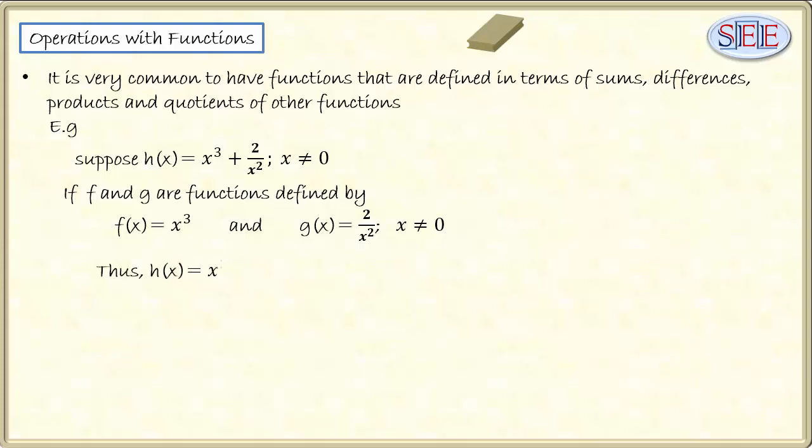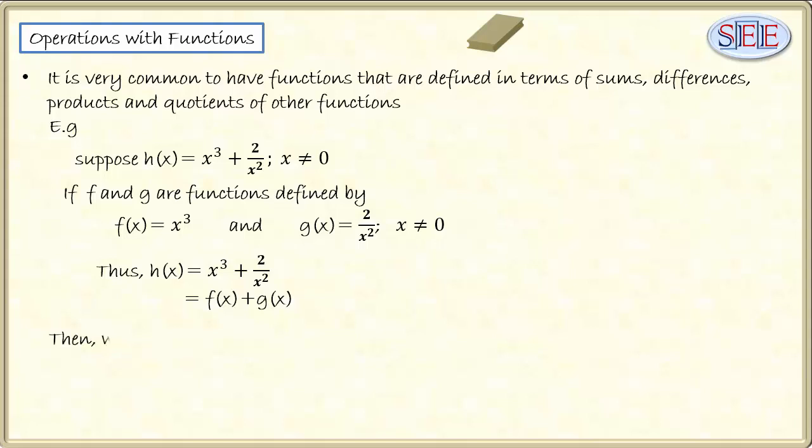And looking at the function h, which is h of x equals x raised to 3 plus 2 all over x squared, and looking at these two individual functions f and g, we can now discover that the function h of x will be equal to f of x plus g of x. The f of x is simply x raised to 3, and the g of x is simply 2 all over x squared.